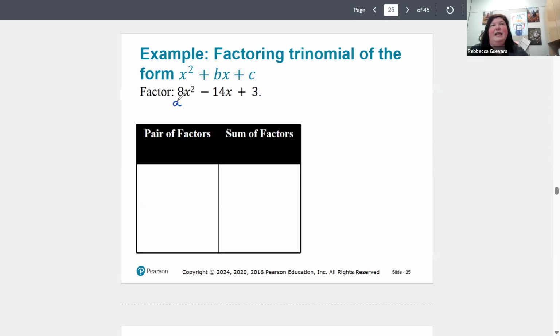So remember, 8 is your a, this -14 is your b, and the 3 is your c, right? Because it's ax squared plus bx plus c. So I need to multiply my a and c together. That would be my 8 and my 3.